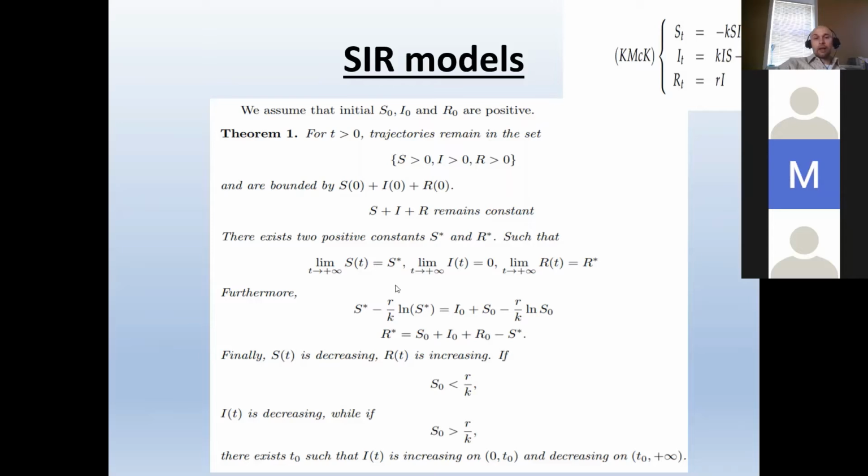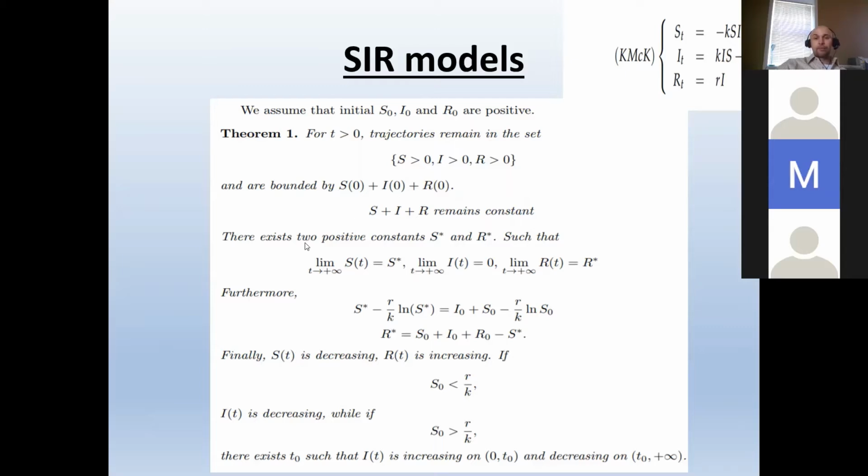Then S of t plus I of t plus R of t is a constant. It remains the same: for all t, it is equal to S of 0 plus I of 0 plus R of 0. You must also prove that.